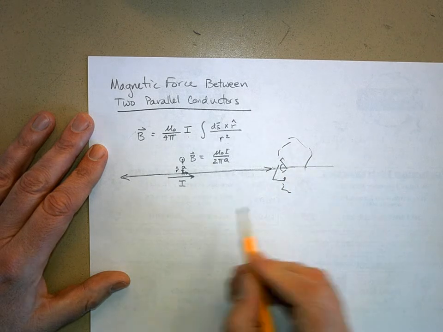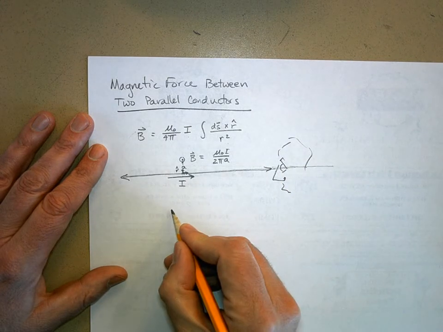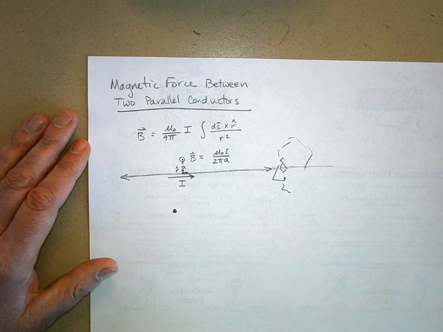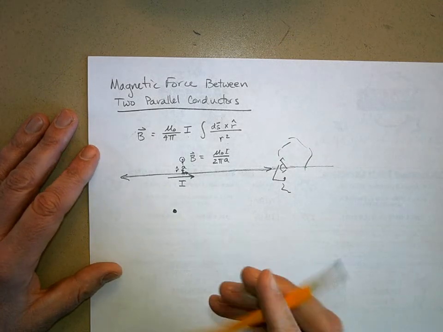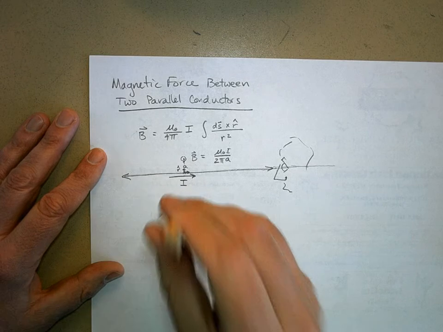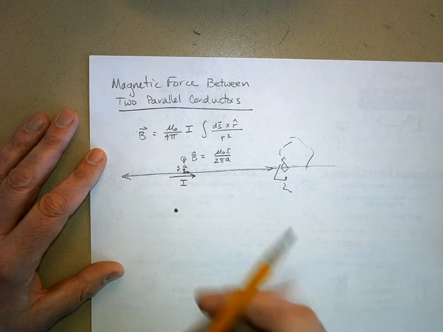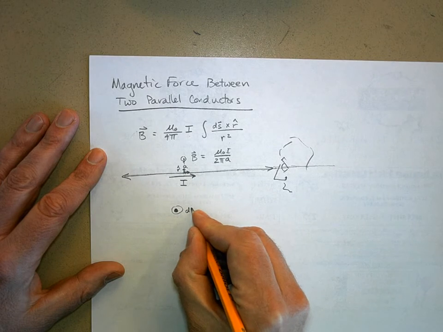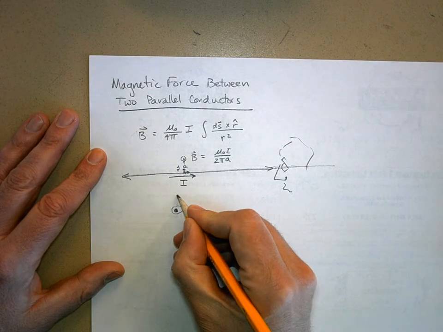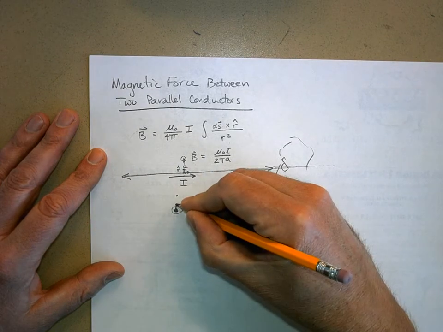If that's true, then the wire looks like this, doesn't it? And we can say that ds is coming out of the board. So this represents my ds vector, and here's my location in space. So here's r hat.